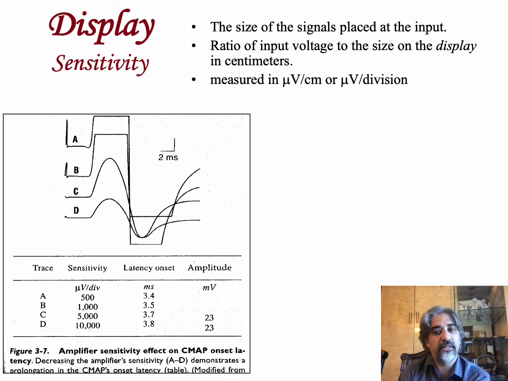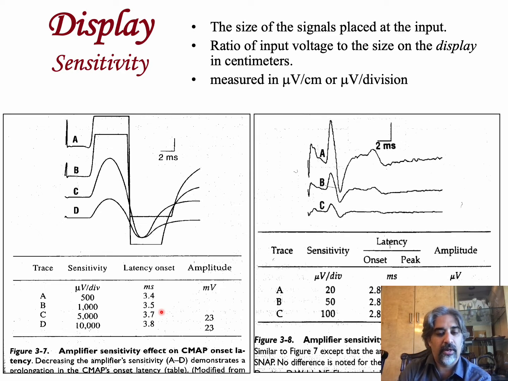As you increase the sensitivity, which means you're magnifying it, you're going to have an easier time finding where the onset latency is, and so it's probably going to get earlier and earlier. Whereas with SNAPs, it really doesn't make that much of a difference because we're already quite magnified when looking at SNAPs.